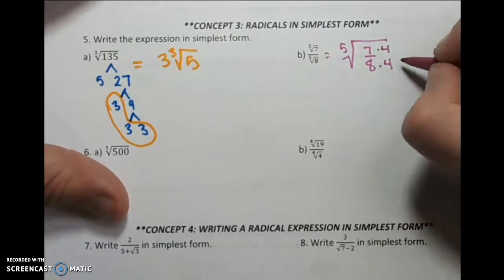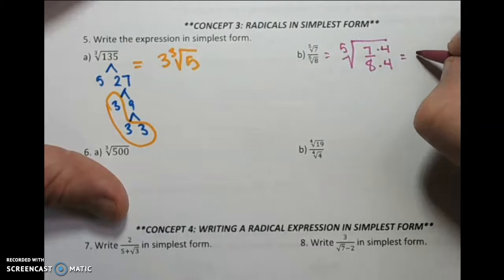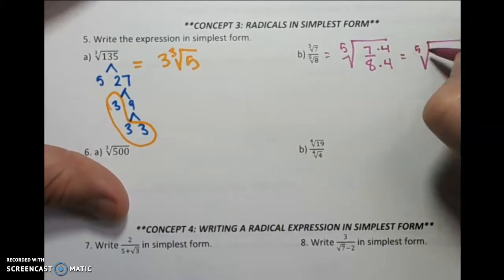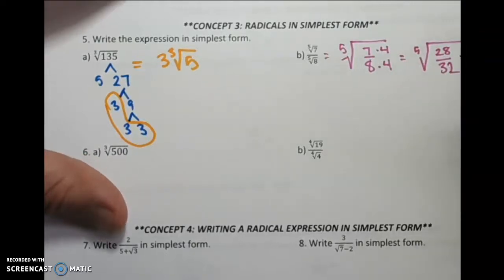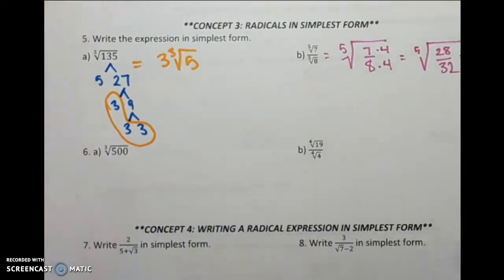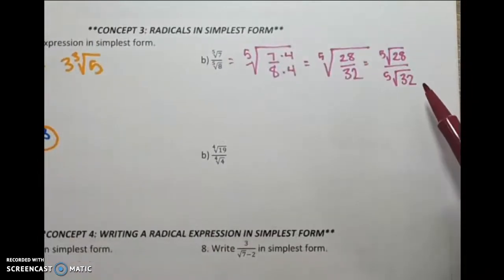So now that is equal to the 5th root of 28/32. The 5th root of 28 over the 5th root of 32. And I do have 5 2s here, sorry.